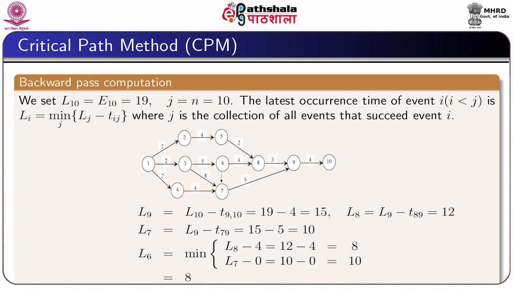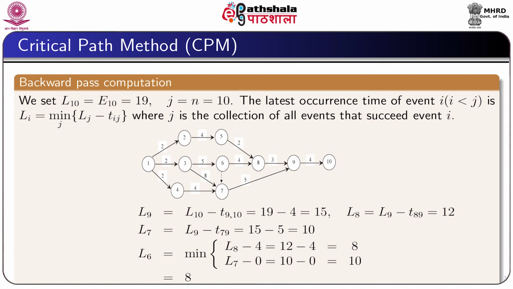Now, we proceed to the backward pass computation. In this case, we set L10 equal to E10 equal to 19, where j equal to n equal to 10.